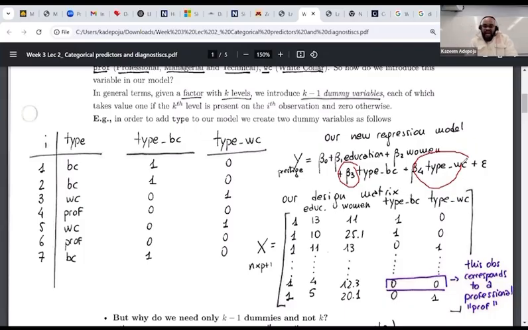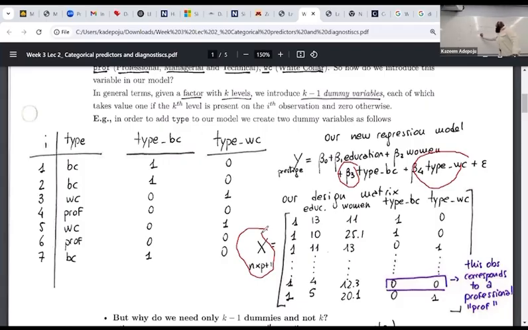Does that make sense? And the design matrix for that, let me tell you this. If I want to use this formula, what is very, very important is the design matrix X. If I get X, I will be able to get the transpose.